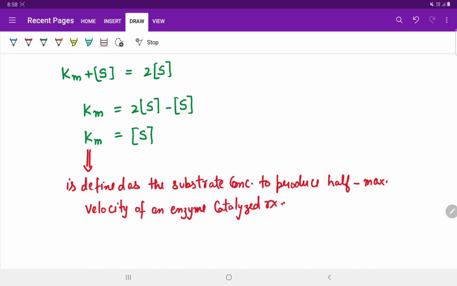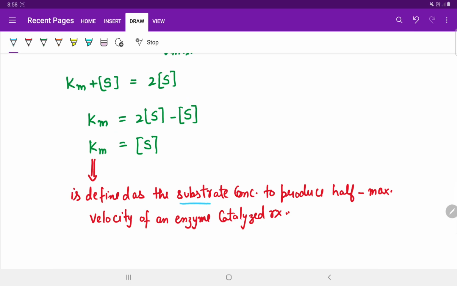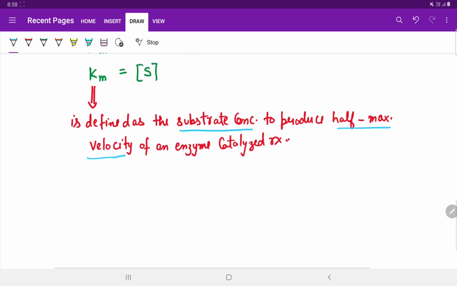So students, only two things are to be noted down from here, that the substrate concentration required to produce half the maximum velocity of a reaction is the value of the Michaelis constant.